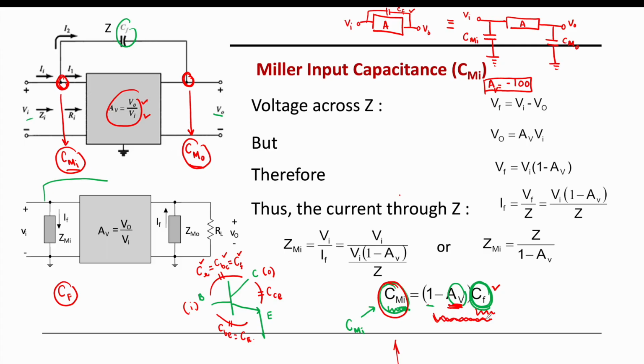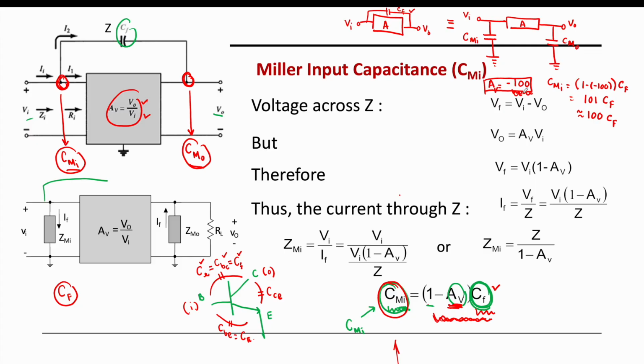We want to use this formula. So now the value of our CMI is 1 minus negative 100 times CF. If we solve this, we will get 101 times CF. And so this 101 is approximate to the value of the gain, right?